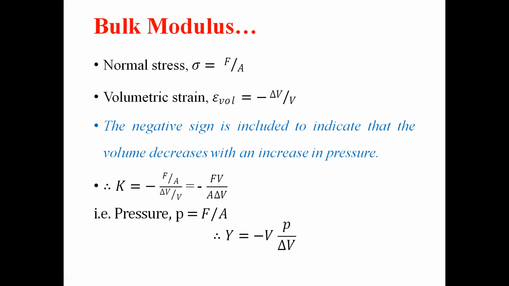Capital K equals minus F by A divided by delta V by V, equals minus F V by capital A delta V. Pressure P equals force by area. So K equals minus V P by delta V.